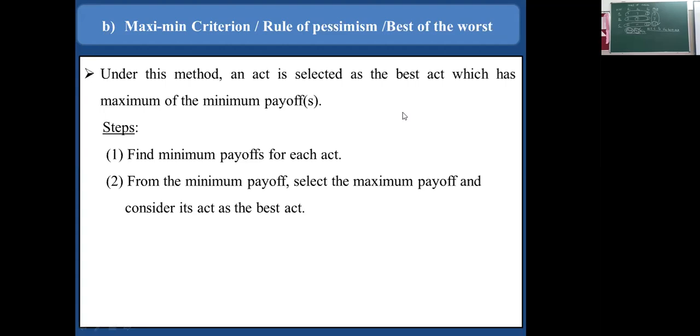Now let us try to understand this concept using a practical question.